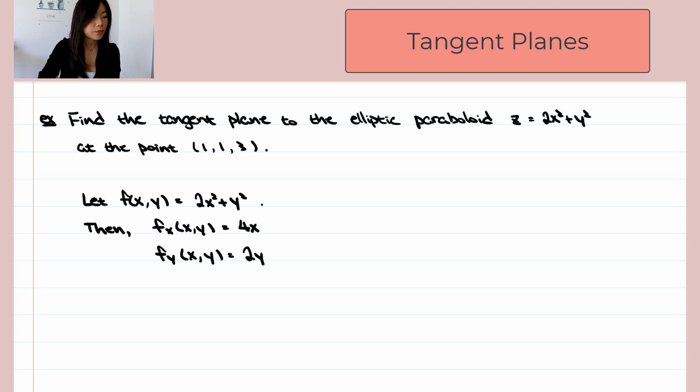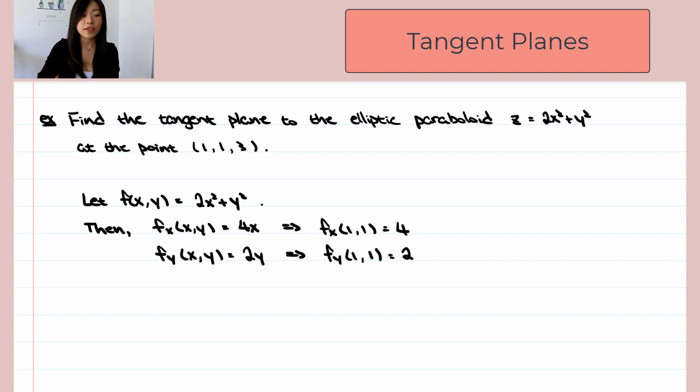Then if I substitute the point 1 and 1, the first partial derivative equals 4. And for the second partial derivative, if I substitute 1 and 1, it equals 2. Then I simply need to substitute these two values, 4 and 2, into the equation that we just found.